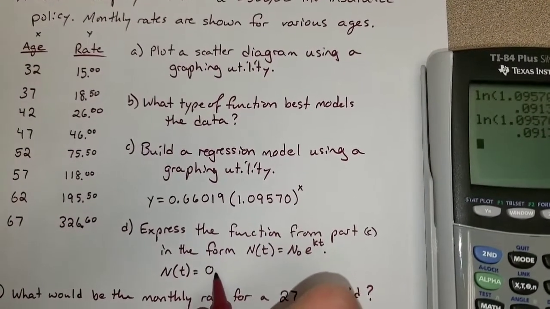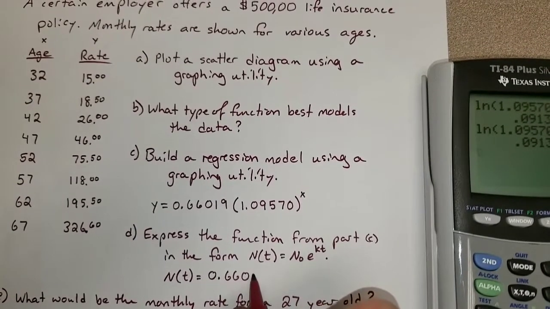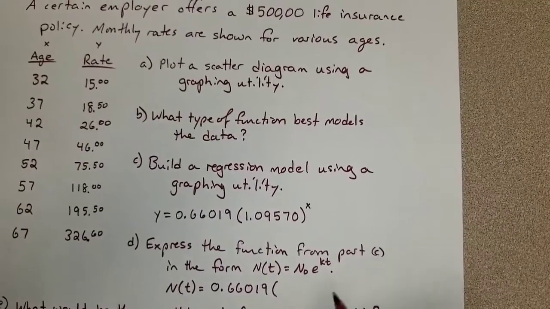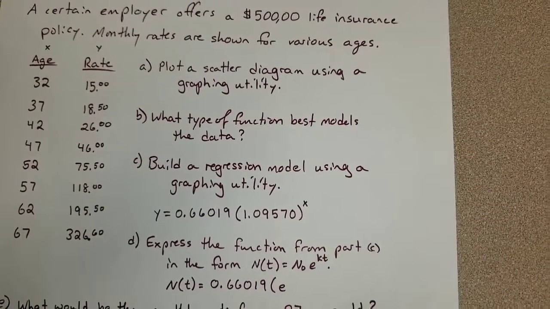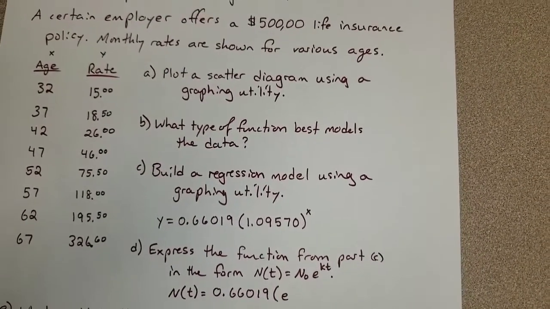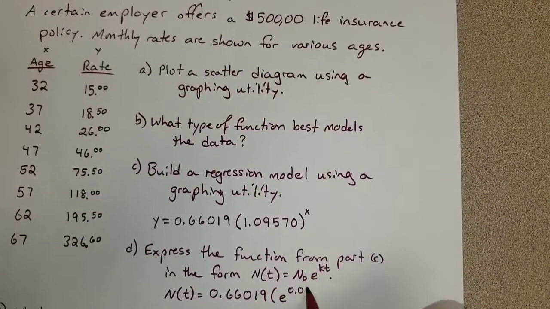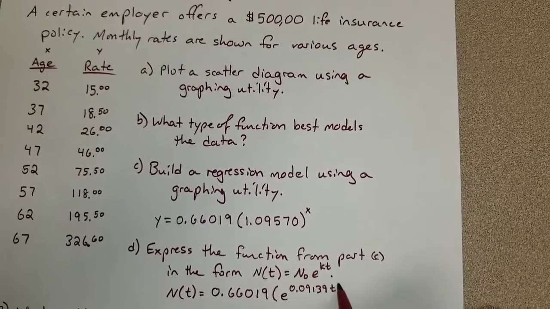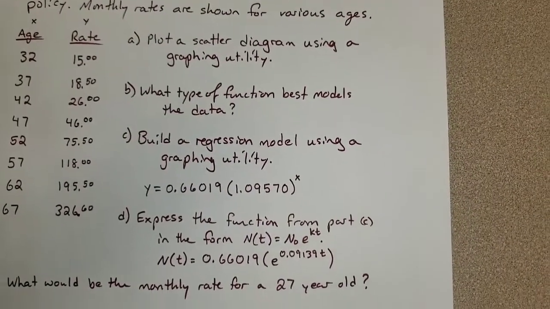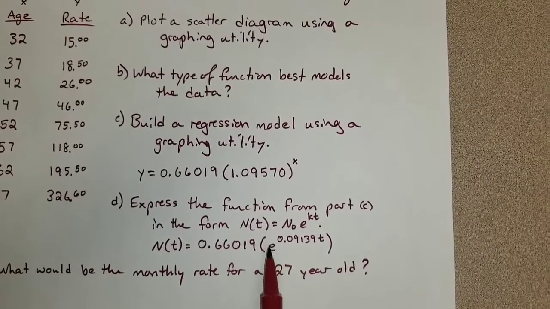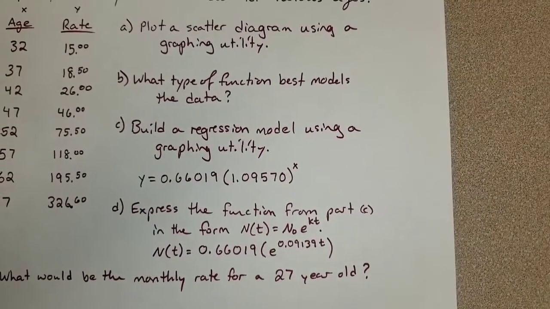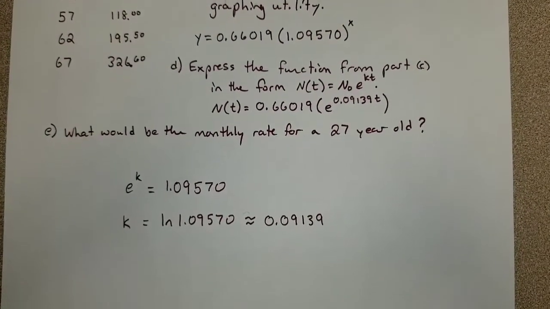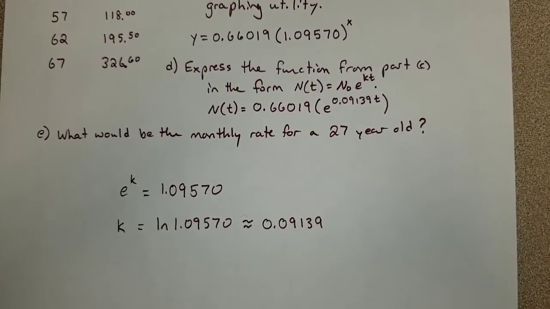So 0.66019 times, I don't need the parentheses, that's okay, e to the kt. k being this value now, 0.09139 times t. All right, and that's my new exponential model using e as a base rather than the base given in the calculator. Then it says, what would be the monthly rate for a 27-year-old?